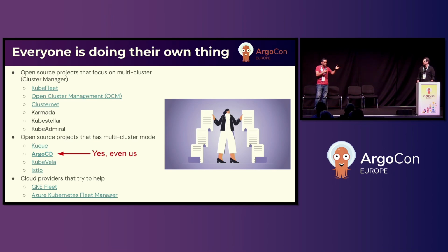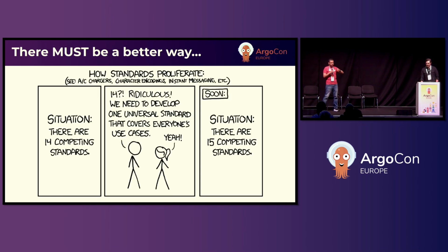So there's KubeVela, and Istio is probably another one that maintains this list. And yes, even us in the Argo community are guilty of inventing a new way. And then there are cloud providers that try to help, like GKE Fleet and the Azure Kubernetes Fleet Manager, but it's kind of disjointed, right? And so, next slide. There must be a better way, right?